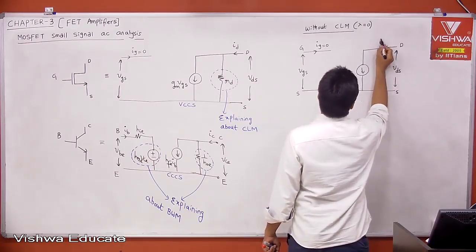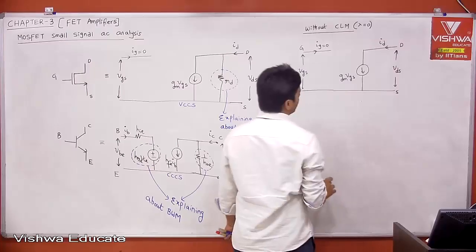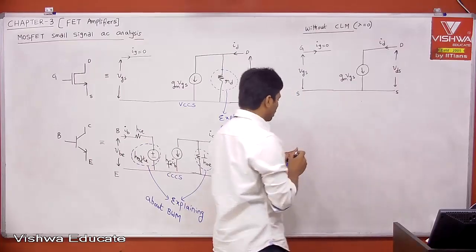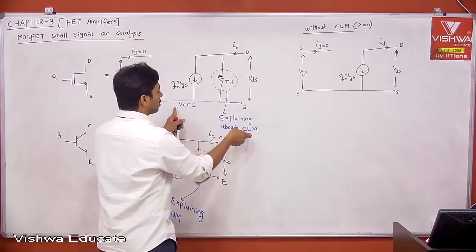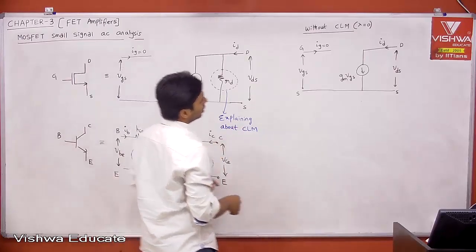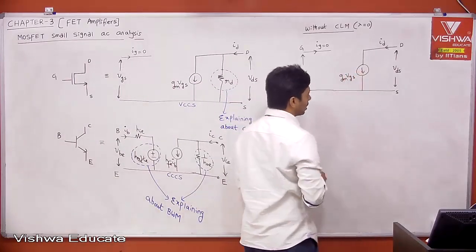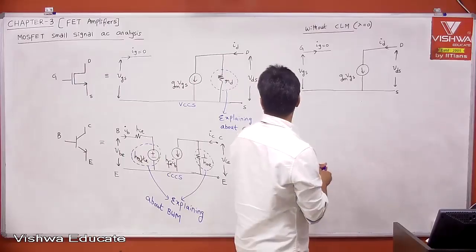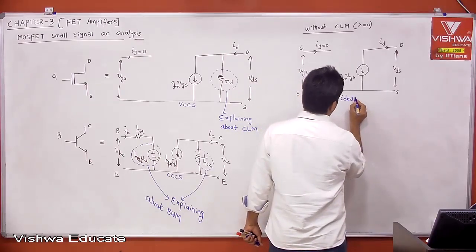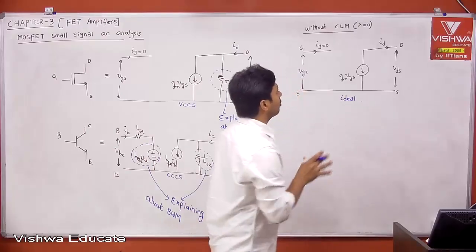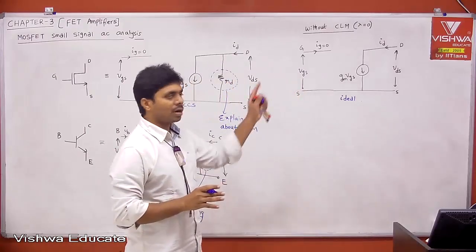The current is ID, right? Therefore, this is also a voltage controlled current source. But if you include overall, this is not a practical voltage controlled current source. But here it is an ideal voltage controlled current source. Therefore, you can say this is ideal. That's what people call the ideal model of your MOSFET level 1, right?